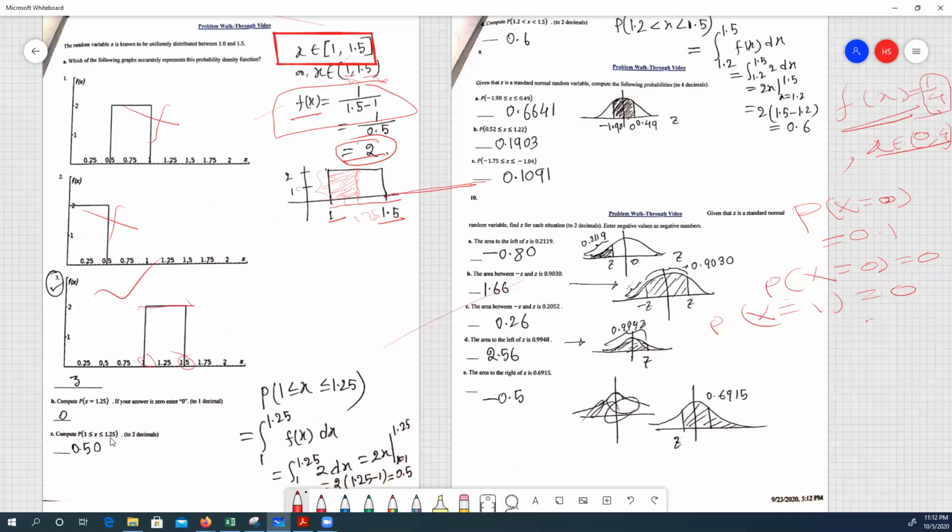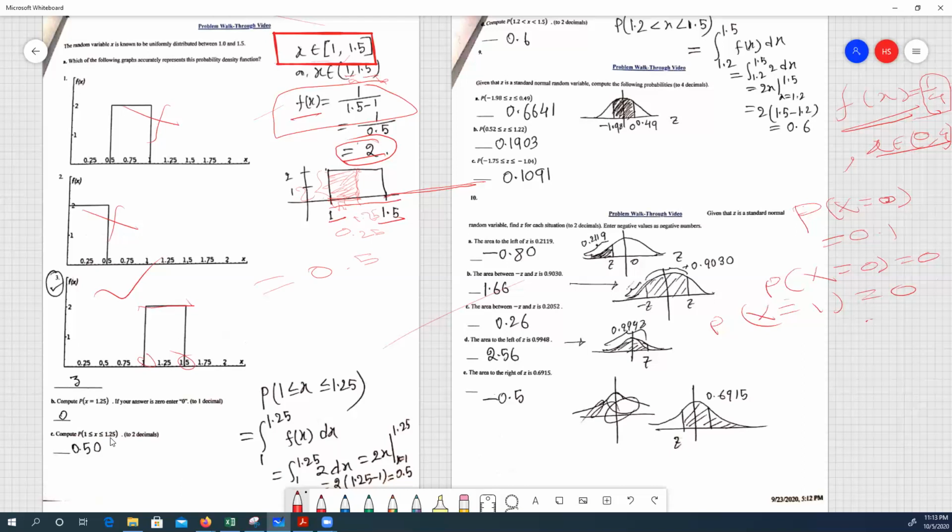Now you have to find this width: this is 1, this is 1.25, so the width is 0.25. The area of the rectangle is height times width, so 2 times 0.25, which is 0.5.